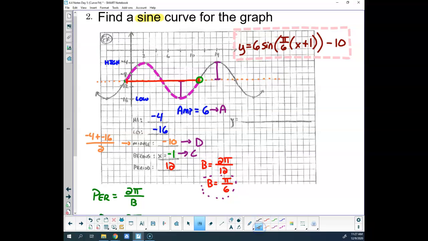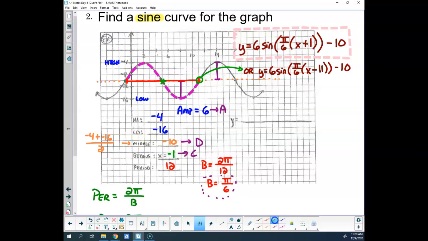So we could have written this as y equals 6 sine of pi over 6 times x minus 11, minus 10. Like that. We can change our starting position.